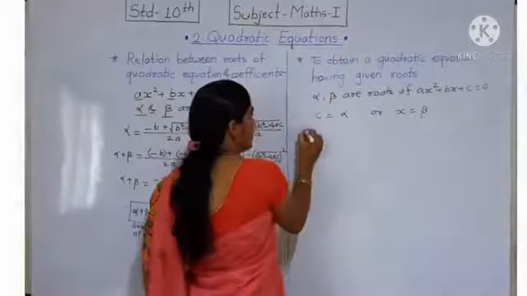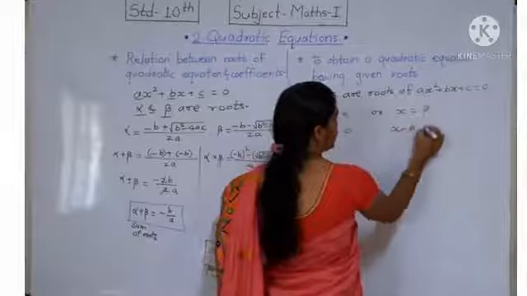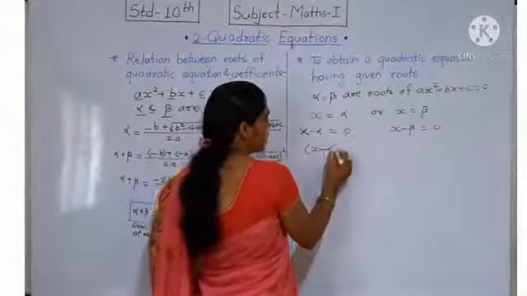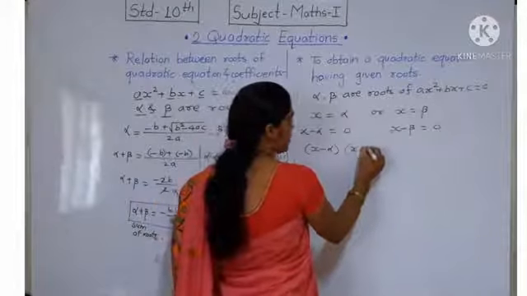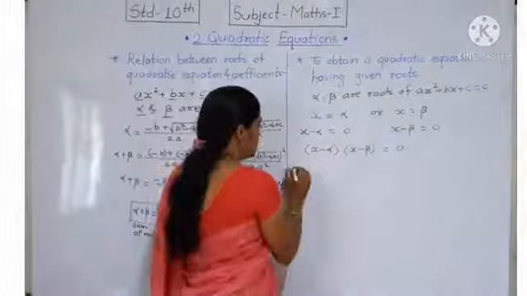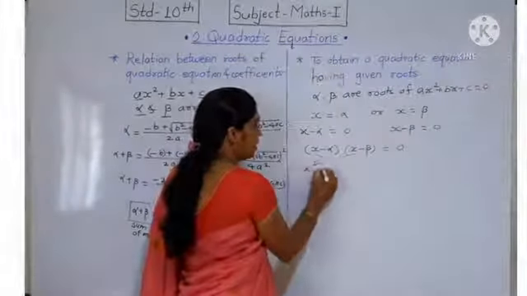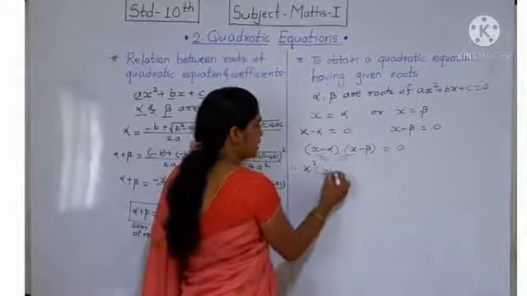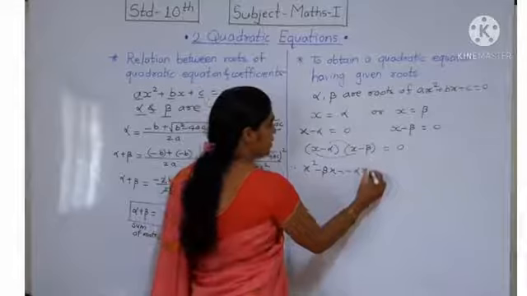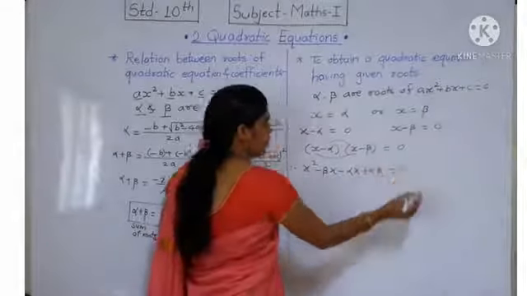Now take alpha here, x minus alpha is equal to 0, and here x minus beta is equal to 0. We take the product, x minus alpha into x minus beta is equal to 0. So what is the answer? First multiply with x: x square minus beta x. Now multiply with minus alpha: minus alpha x plus alpha beta is equal to 0.